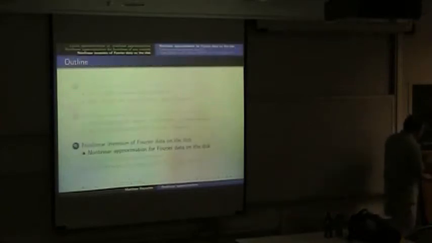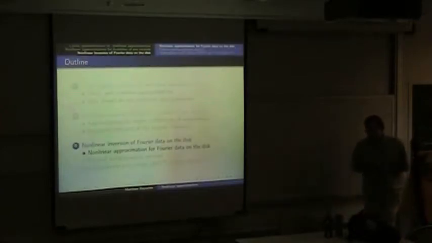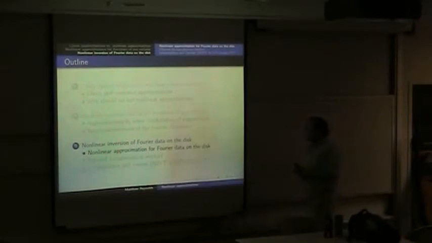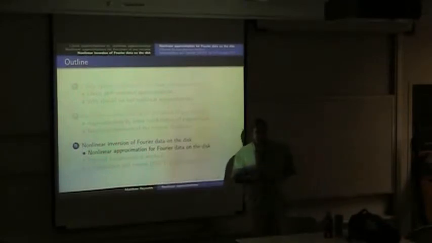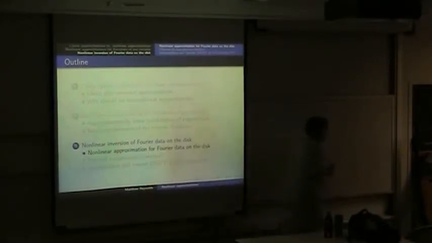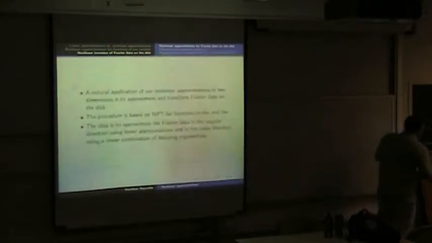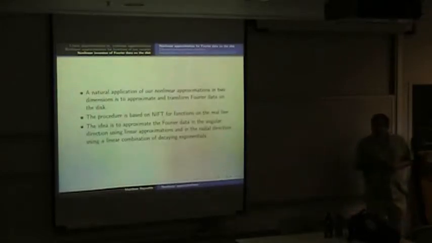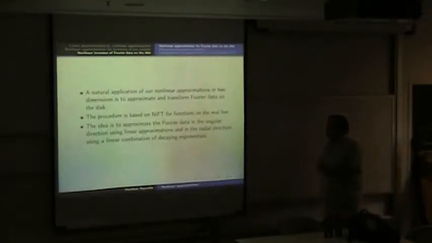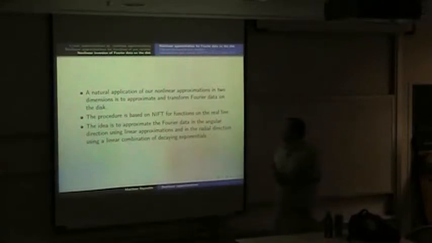Briefly, I would like to talk a little bit about using these methods to approximate data on a disk. It's not really an extension of these methods, it's just an application, based on the nonlinear inversion for Fourier transforms on the real line.